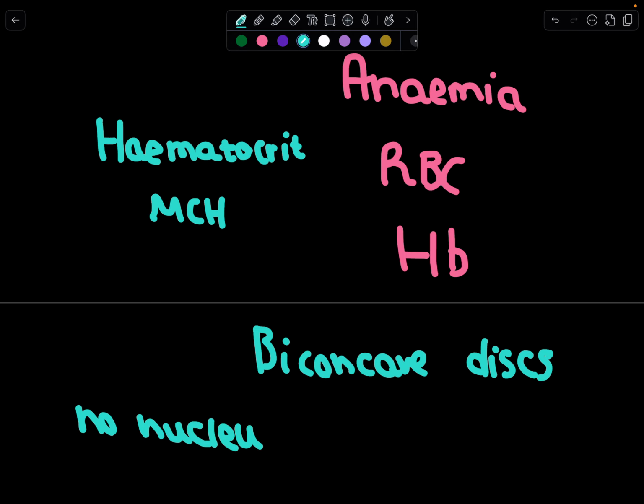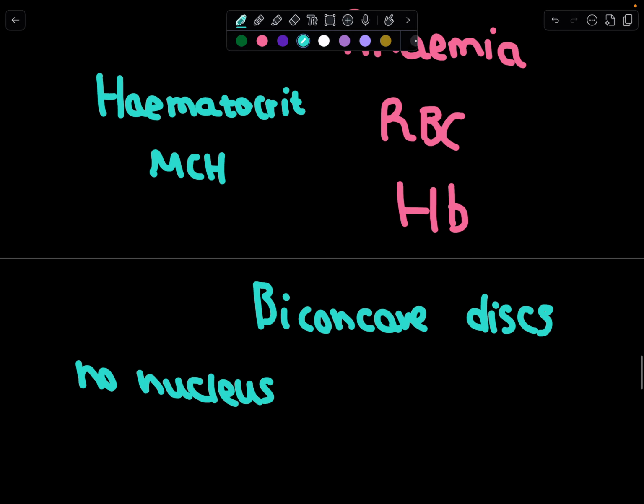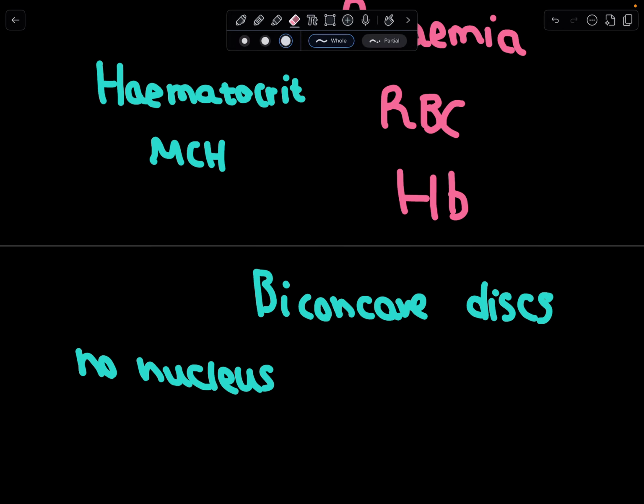Erythropoietin, a hormone mainly produced by the kidneys, signals the bone marrow to ramp up red blood cell production when oxygen levels are low. Red blood cells are shaped like biconcave discs, which maximizes their surface area for oxygen transport and lets them deform to squeeze through tiny capillaries. They lack a nucleus to pack in more hemoglobin, the protein that carries oxygen, making them super efficient at their job.